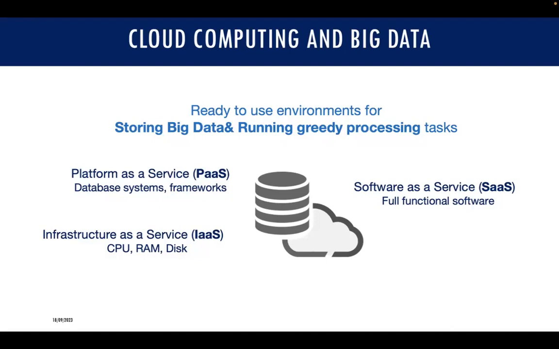Now, as I said, you need a transparency level where you do not directly touch the hardware, and this is called platform as a service. For example, you can decide in a specific environment the type of operating system that you want to work with. You can decide which type of file system you would need, whether you want it to be distributed or not.